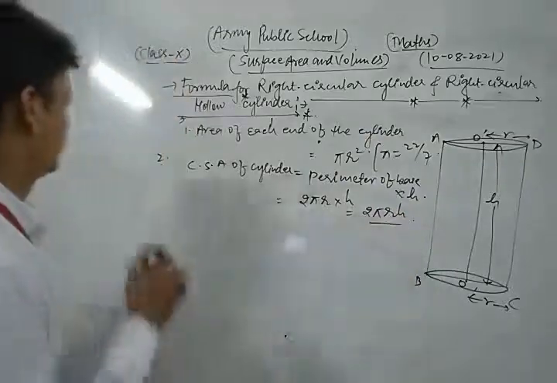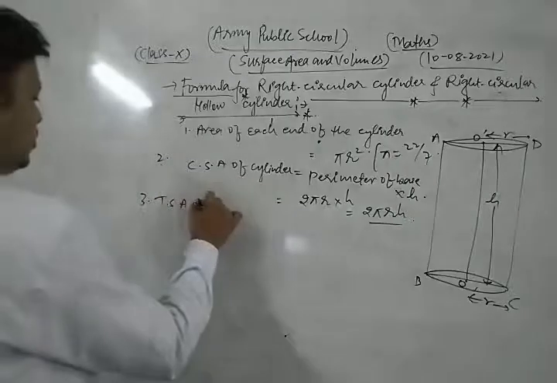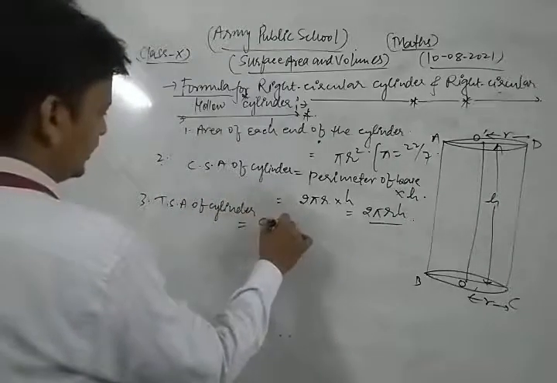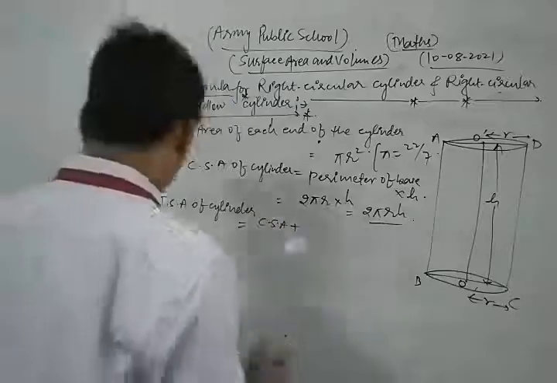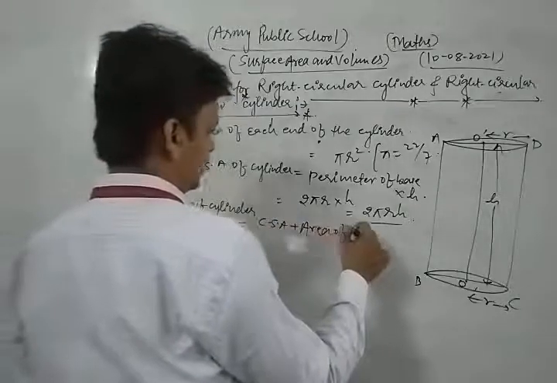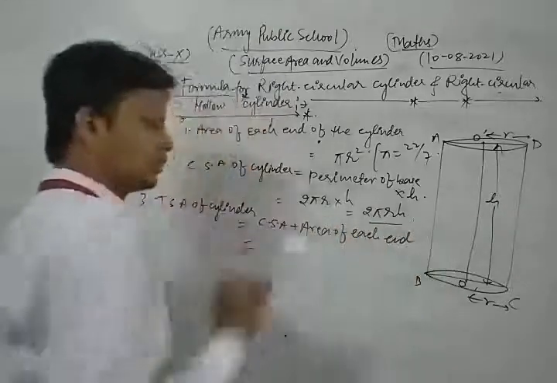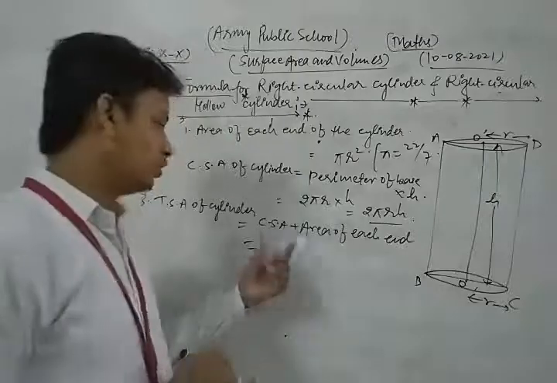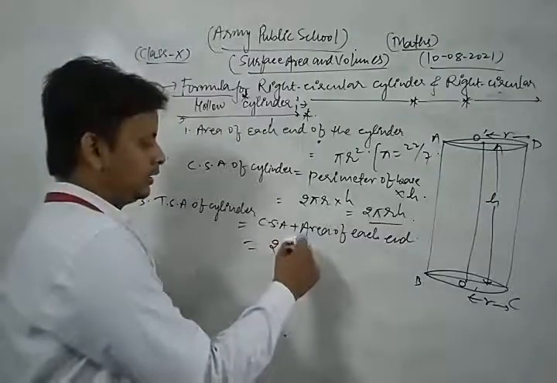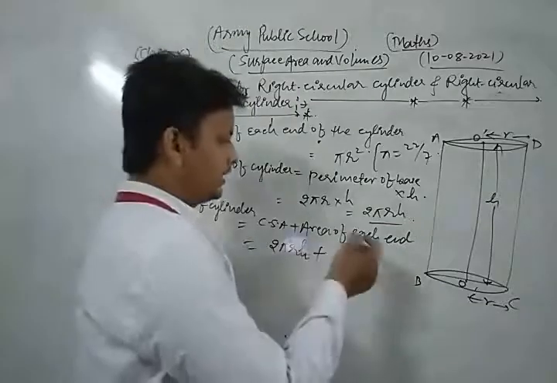Look, the third one is total surface area of cylinder, which is its curved surface area plus area of each end. This is the concept of total surface area. So curved surface area of cylinder, you know, is 2 pi r into h, that is 2 pi r h, plus area of each end.